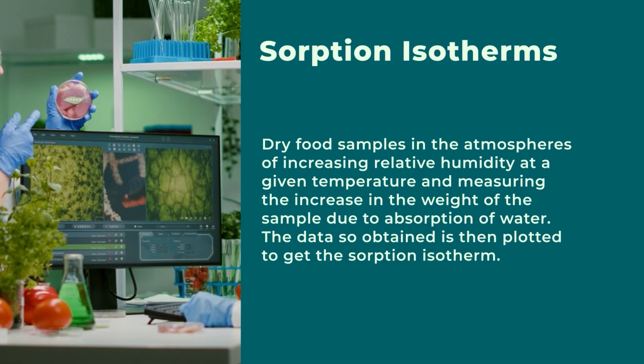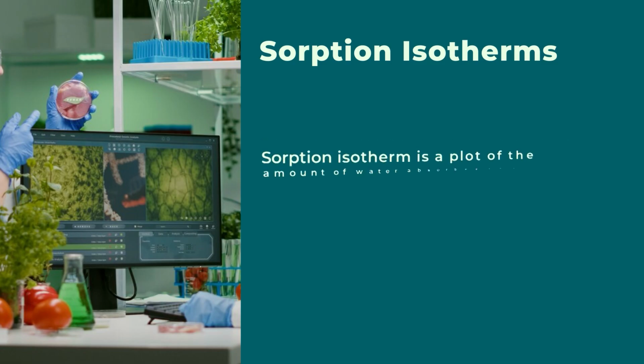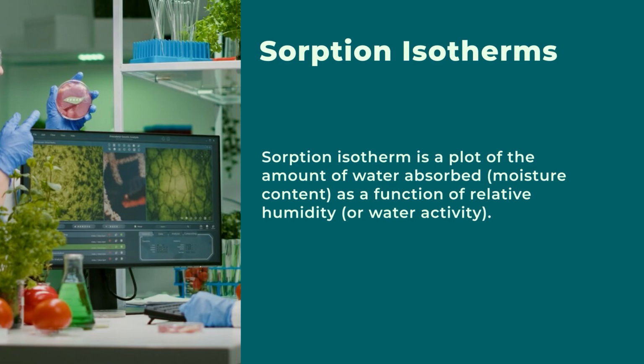We take a dry food sample and keep it in an atmosphere of increasing relative humidity. The increase in weight due to absorption of water is noted, and this is plotted to get the sorption isotherm. So, this is a plot of water absorbed, that is moisture content, as a function of relative humidity or water activity.